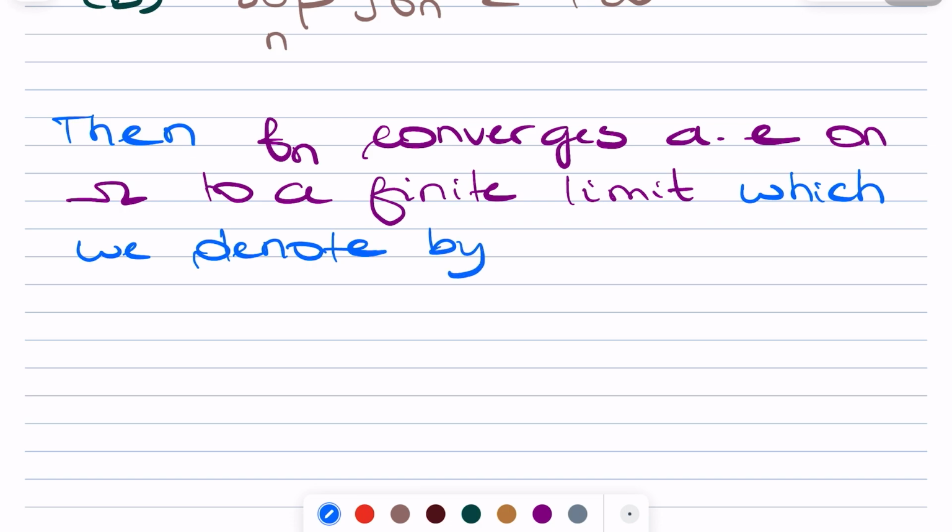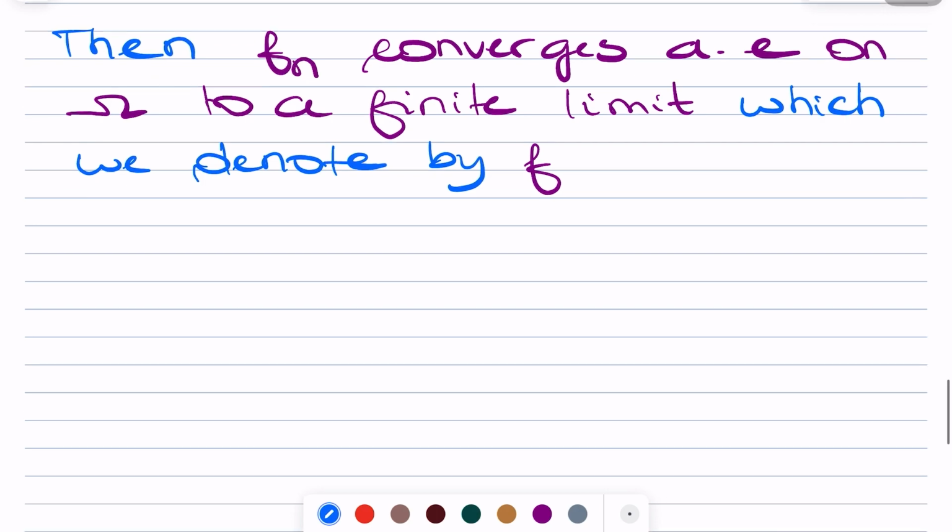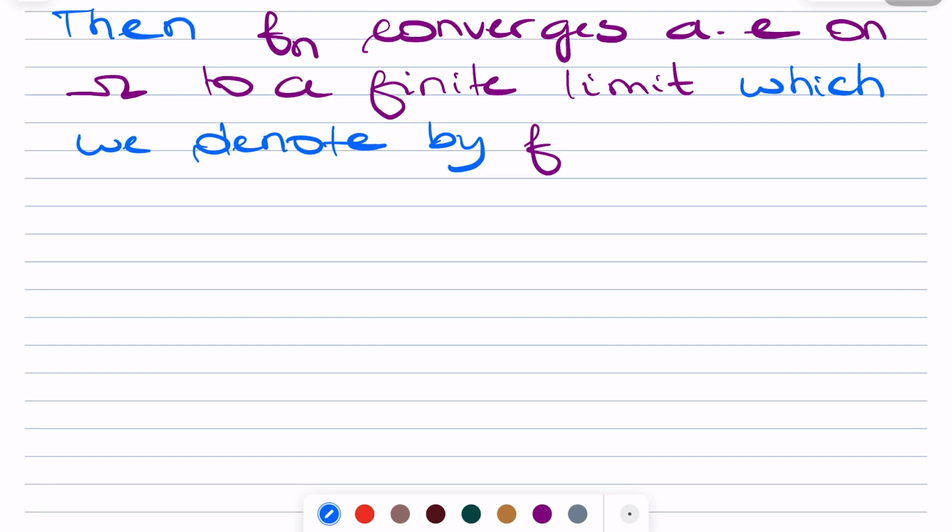So this means Fn converges to f almost everywhere on omega.